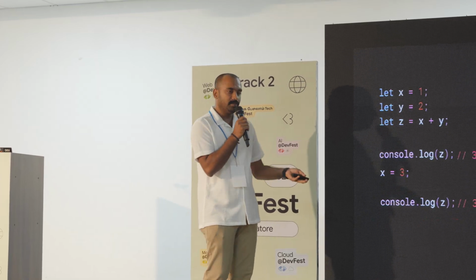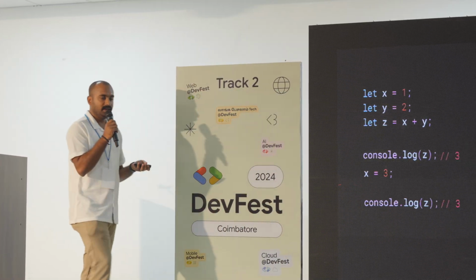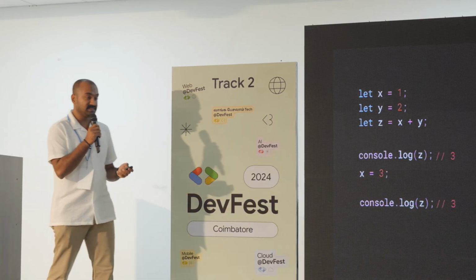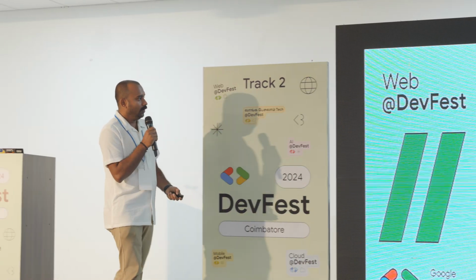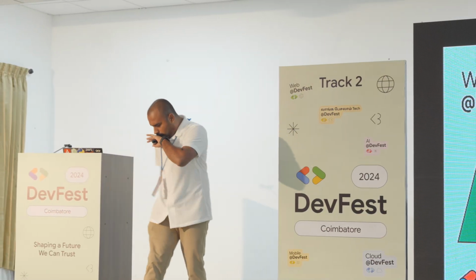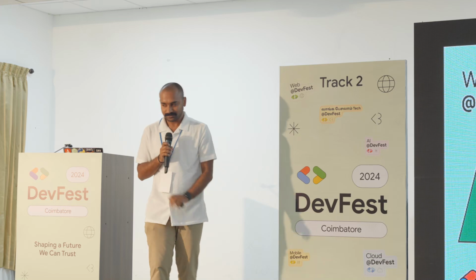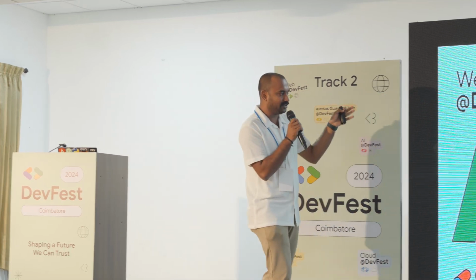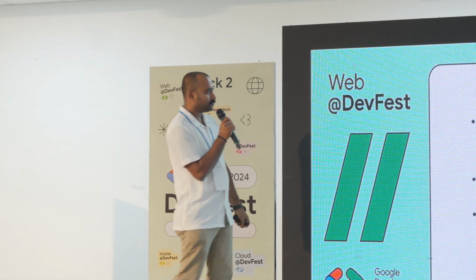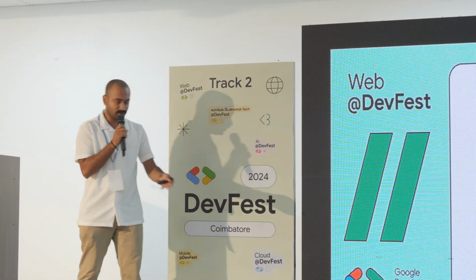It automatically updates the value for z. So this is how the signal works, the basic paradigm of the signal. And this is the basic definition of signal, which we discussed so far.